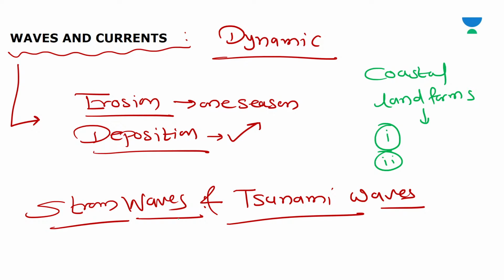So, two types of coasts are considered to explain the concept of evolution of coastal landforms.